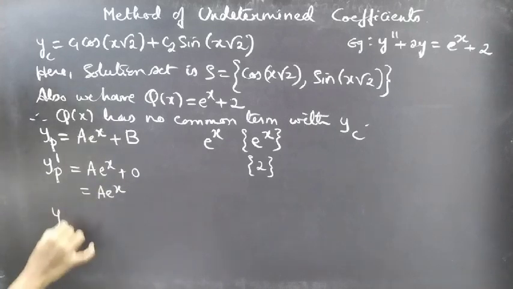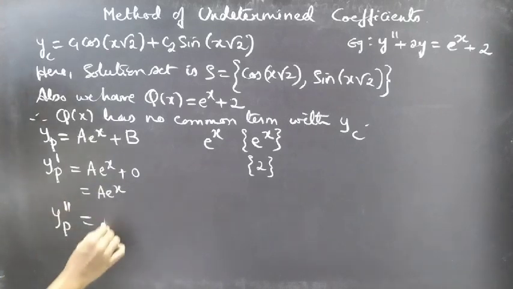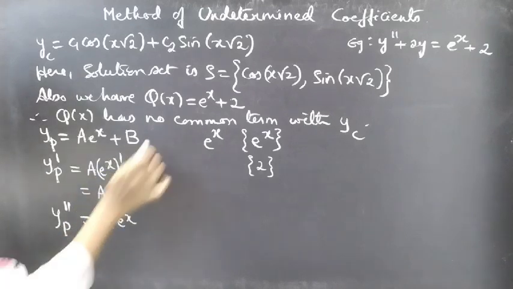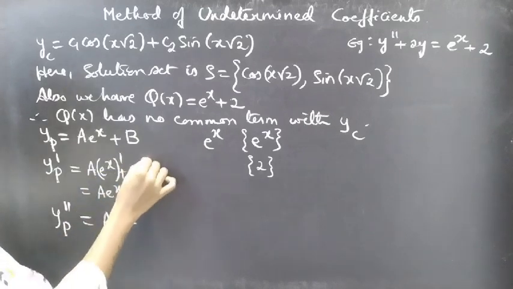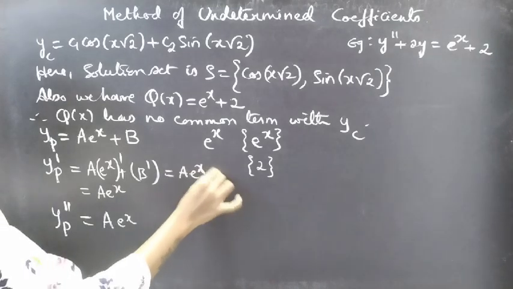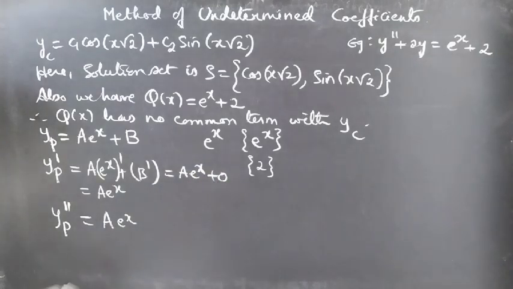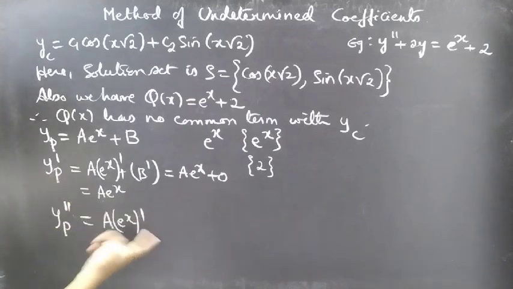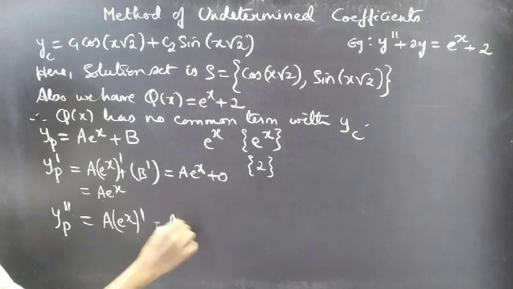Now yp double dash is the derivative of yp dash, that is the derivative of a e power x. You'll get a e power x.